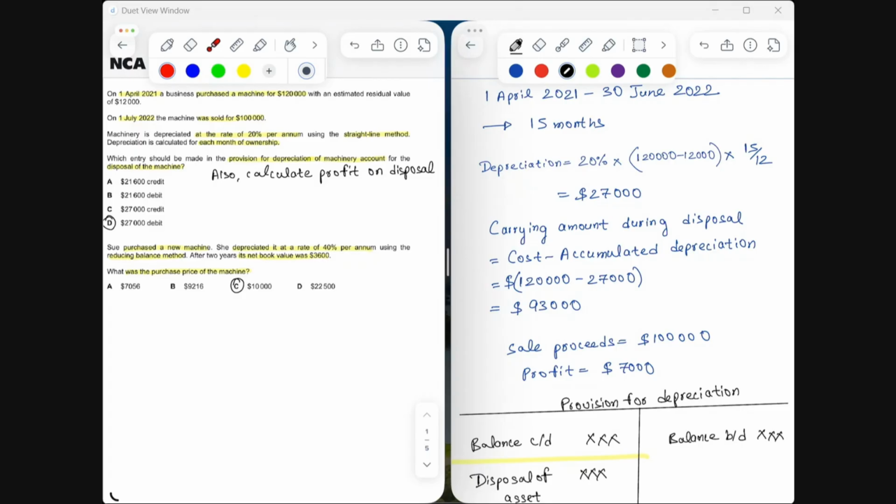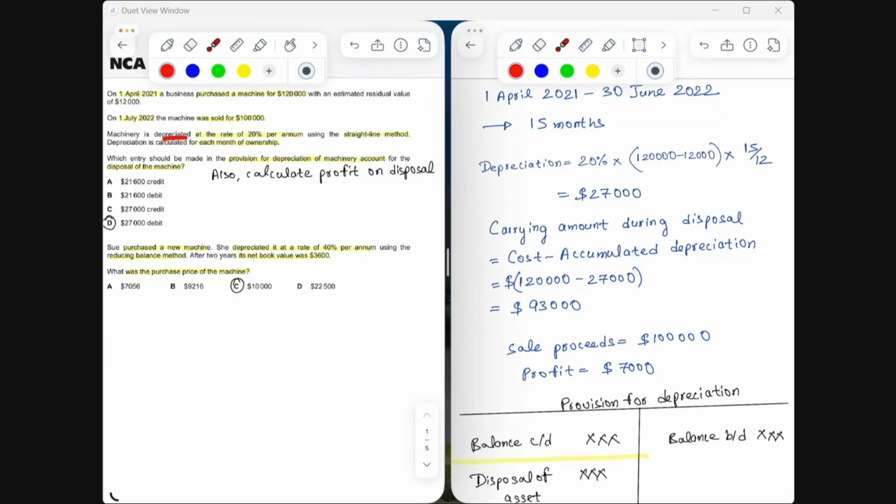So we can understand that the machine was bought on the 1st of April 2021 and was sold on 1 July 2022, which means the machine was used in the business for a total of 15 months. We have got 9 months in 2021, which are the months April, May, June, July, August, September, October, November, and December, and then 6 months in 2022, which are the first 6 months, which are Jan, Feb, March, April, May, and June.